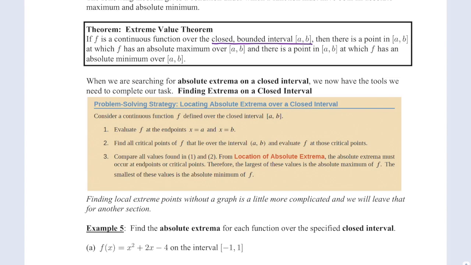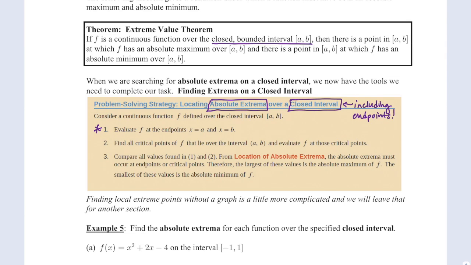So our problem-solving strategy is, if we're looking for absolute extrema, not just local extrema, on a closed interval, not an open interval. So closed, remember, means including the endpoints. What we're going to do is find the function values at the endpoints as a first step.